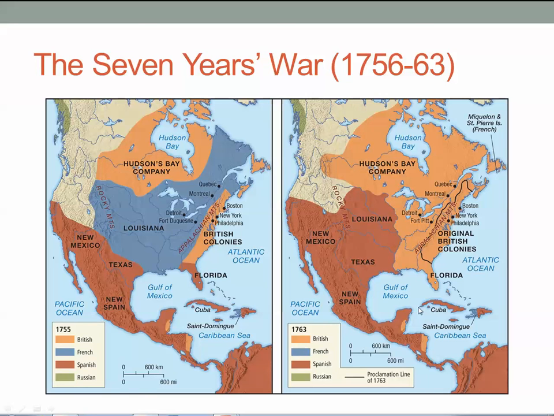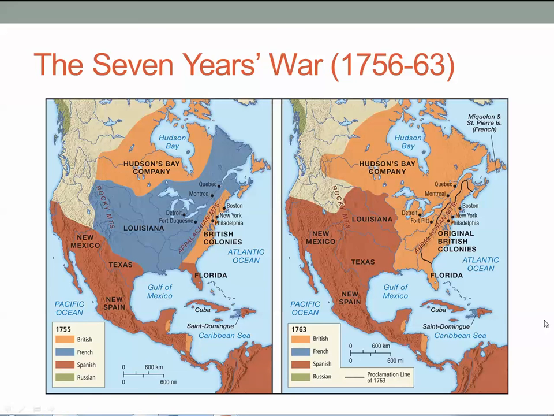The French lost, and their territorial losses were tremendous, as you can see from this map, which illustrates mostly the losses in North America. As a result of the Paris Treaty of 1763, Britain acquired Canada from France, Florida also went to Britain, and Louisiana went to Spain.